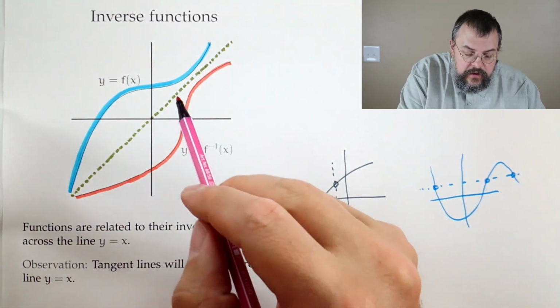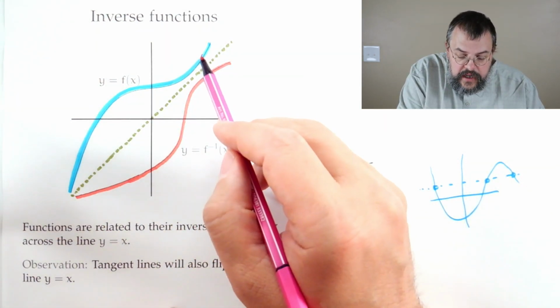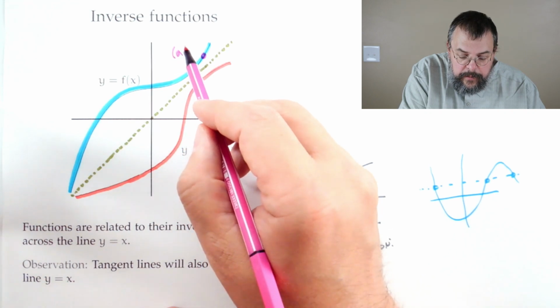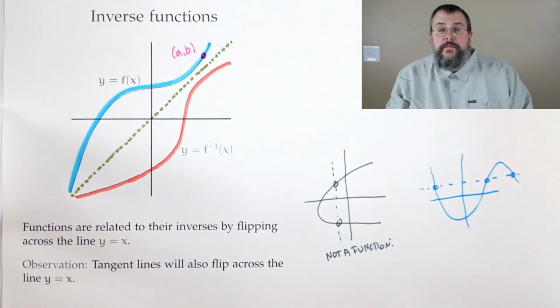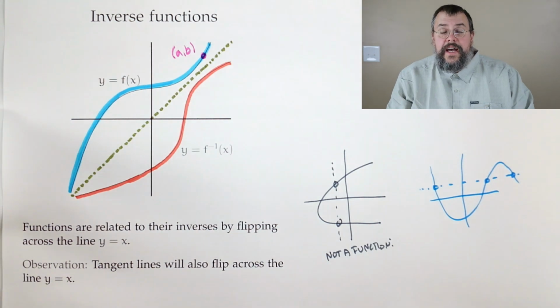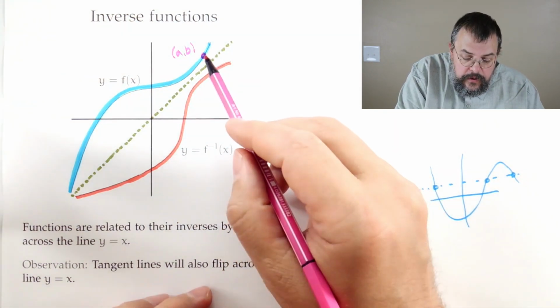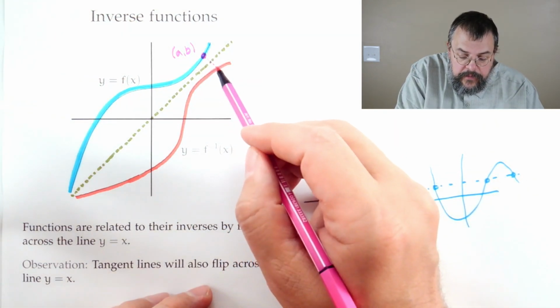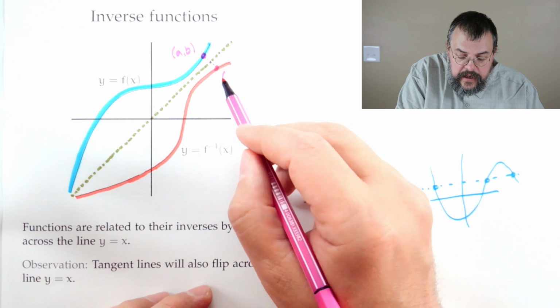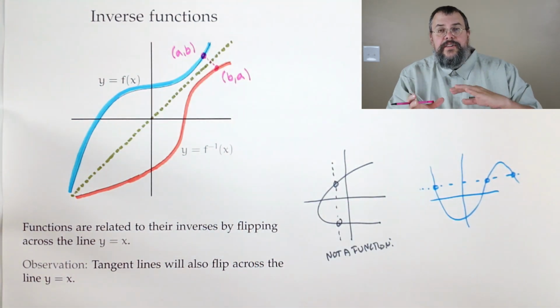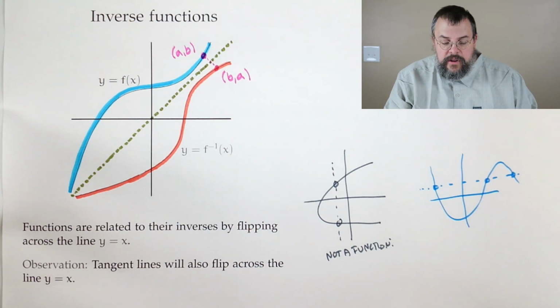What that translates into is if you have a particular point here, let's say that's at the location a comma b, when you flip across the line y equals x, what happens is you interchange what y and x do. So you end up at the point on the other side is b comma a. So that's how you can see where things map back and forth.